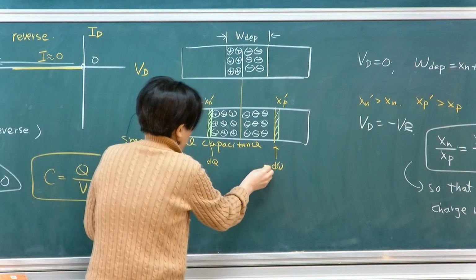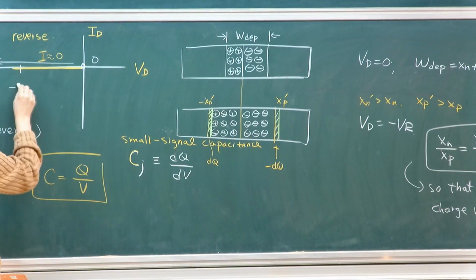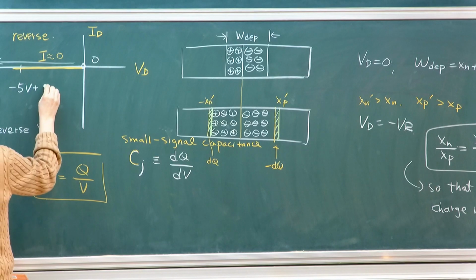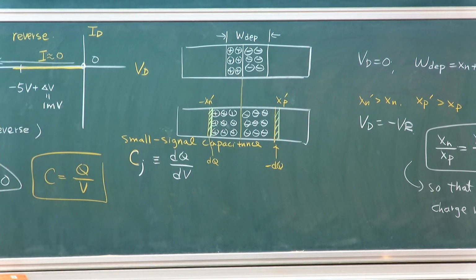Minus dQ. So if I'm applying a little change, for example, starting at this -5, I'm adding a delta V of maybe 1 millivolt. So I'm increasing this voltage a little bit. It will then expand the depletion region a little wider.